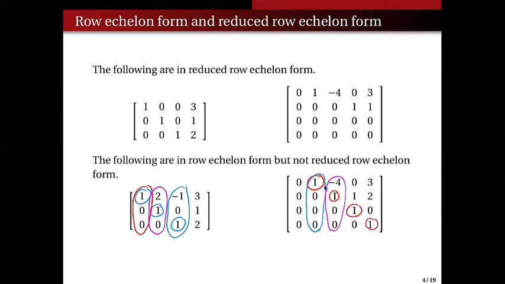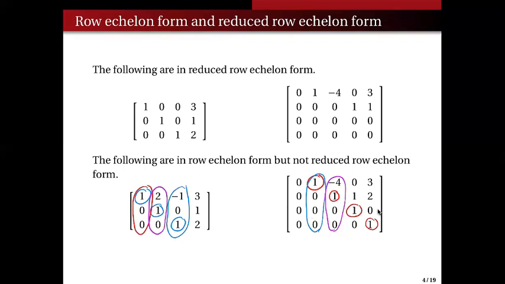Because of that, this is no longer in reduced row echelon form. If you check the third condition, the leading one in the second row is to the right of the leading one of the first row.